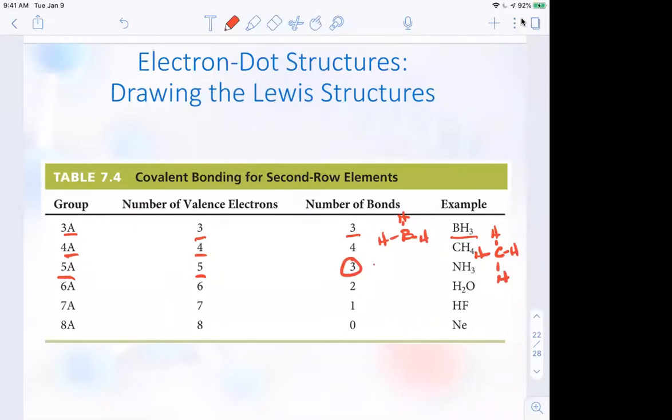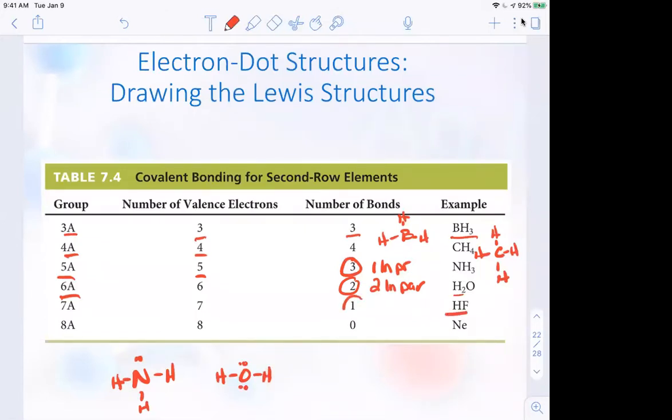It has 3 bonds and 1 lone pair. So when I look at nitrogen and I make this formula, that's ammonia. If I have 6A like oxygen, I have 2 bonds, 2 lone pairs, like in water, where I have this guy.